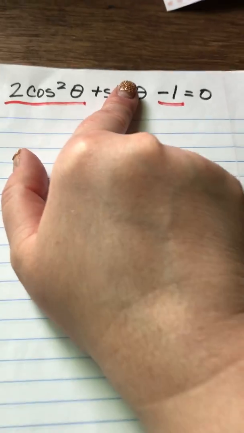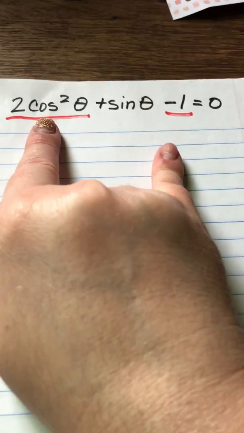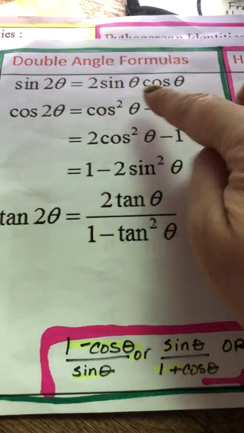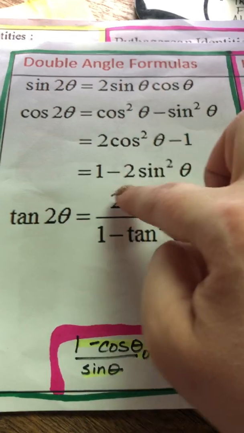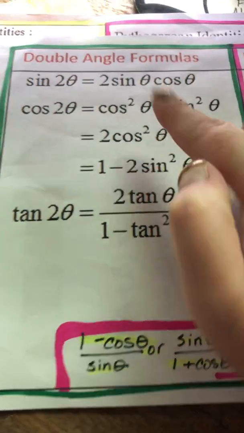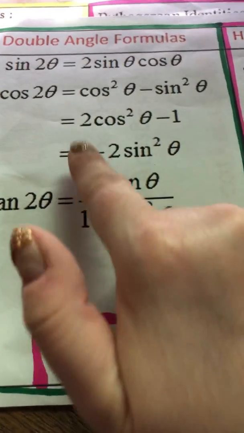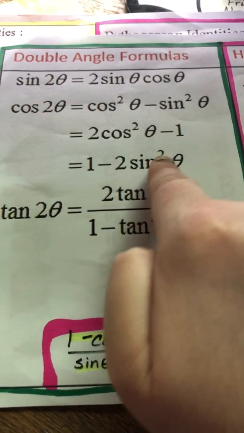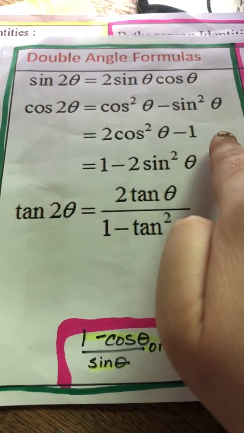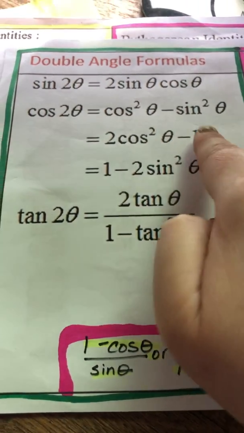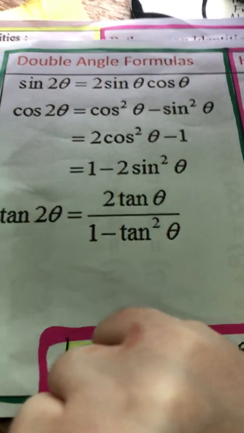I need sine everywhere. Okay, so this 2 cosine squared theta minus 1 is equivalent to all 3 of these forms. So technically, I can plug in 1 minus 2 sine squared for 2 cosine squared theta minus 1 because they're all equivalent.